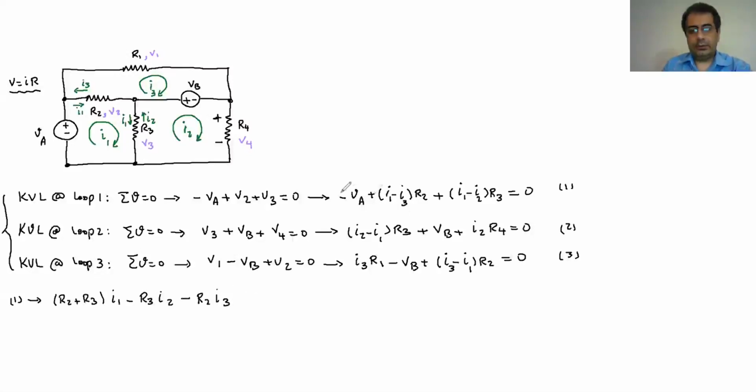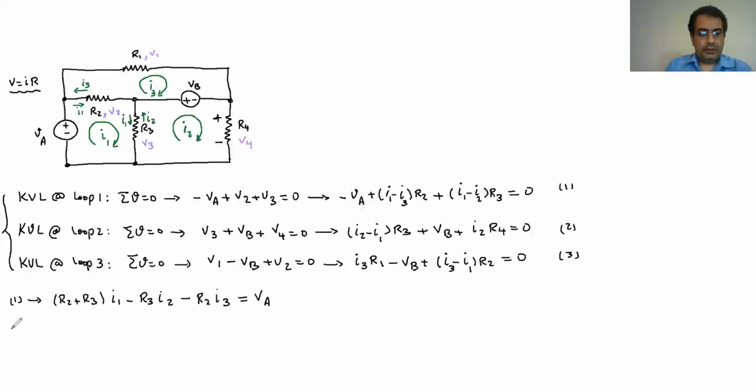And then move the constant values to the other side. So it's going to be VA. So it's going to be the first equation: for the I1, R2 plus R3; for the I2, the negative R3; for the I3, the negative R2.